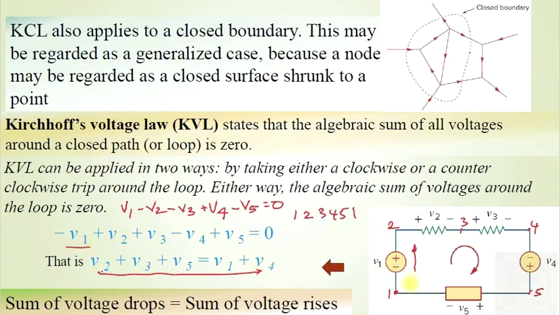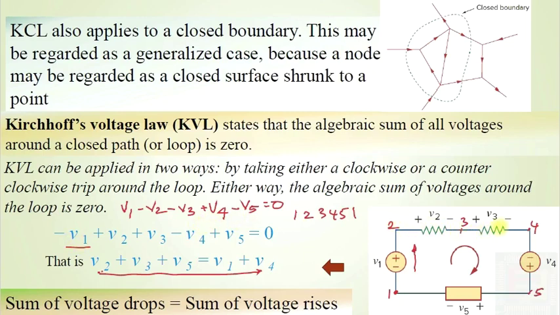So here you can see that if you start from node 1 and reach node 2, you are meeting a rising potential. If you are assigning it as negative, you get the term minus V1. Similarly, you are meeting a drop in potential, and with this sign convention, it is positive.